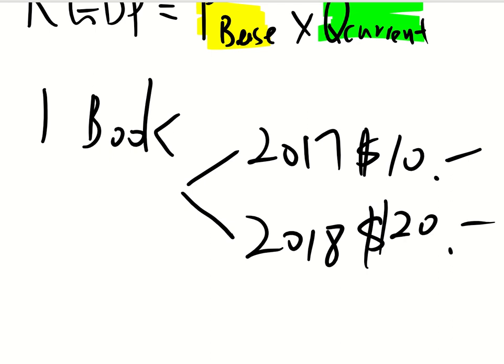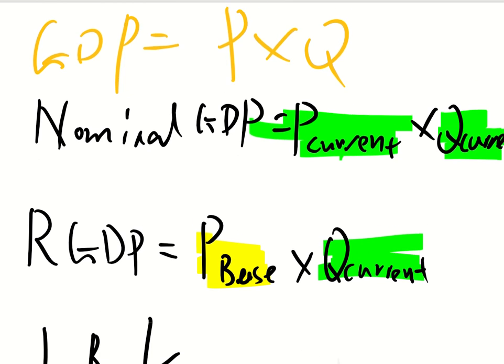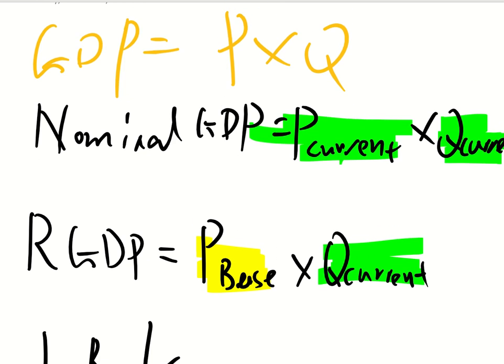Now, does it mean the economy is getting better? Not really, because you still only have one book, right? So we don't care about how much money you have, we care about how much good you can produce. That's why real GDP is a better measurement of the economy than nominal GDP. Because nominal has a price change built into it, but real has only the quantity change in it. So it's a better measurement of the economy.